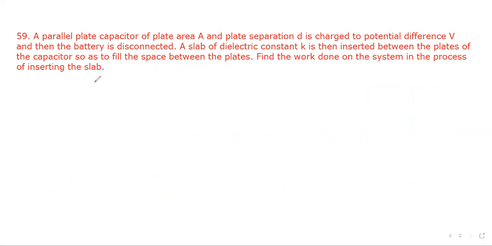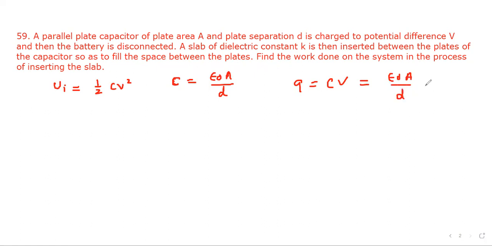So here, the initial energy, say Ui, is half CV square, and the capacitance C is epsilon naught A upon D. Now, Q equal to CV. So C is epsilon naught A upon D times V. This is the initial case.